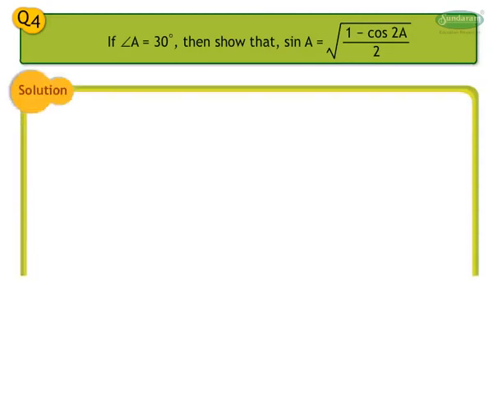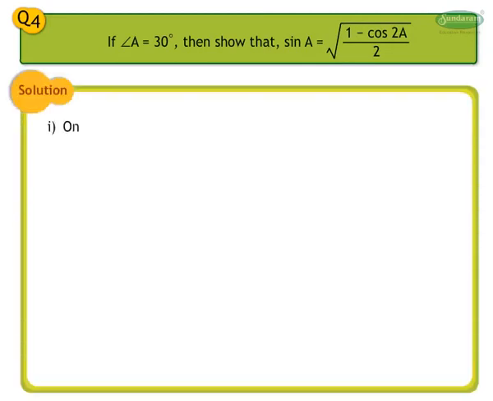Question 4. If angle A is equal to 30 degrees, then show that sin A is equal to root of 1 minus cos 2A upon 2. Solution. 1. On left-hand side, we have sin A. Given angle A is equal to 30 degrees.